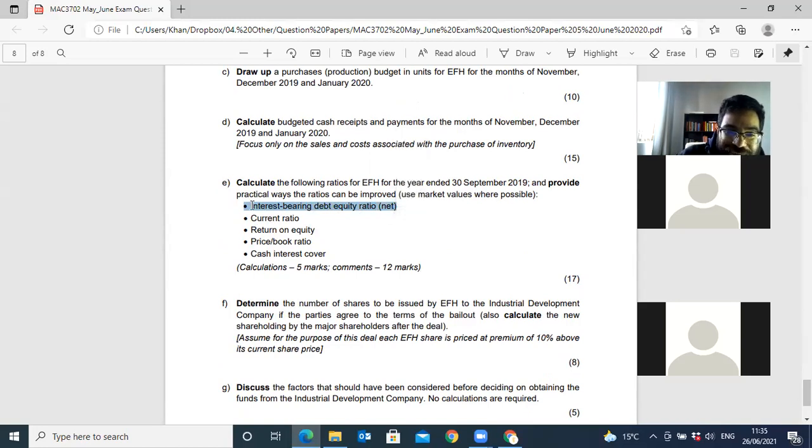So whatever was debt, divided by whatever is equity, from the company's point of view. As you can see, they say use market value, so you take the numbers straight from your WACC calculation. Calculate the following ratios for the year ended 30 September and provide practical ways the ratios can be improved.